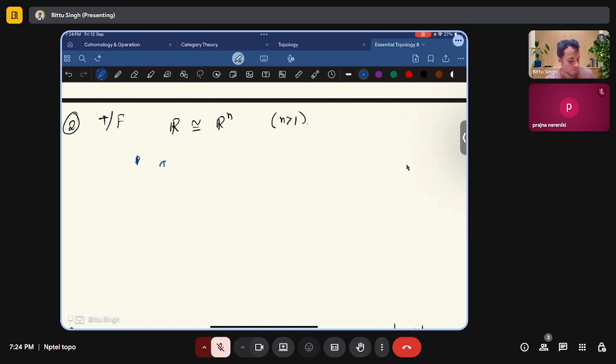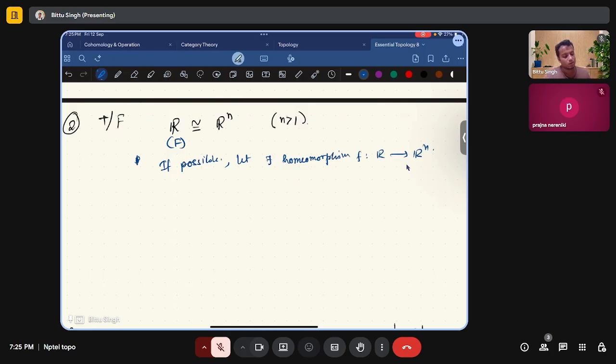So this is actually false. If possible, let there exist a homeomorphism F from R to R^n.